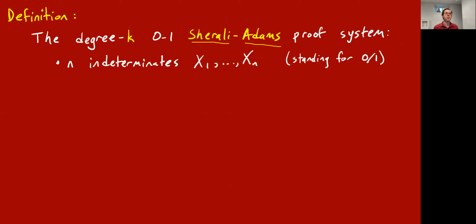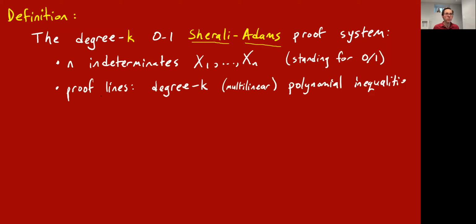And okay, how does this proof system work? Well, you always have n indeterminates as an ingredient in your proof system, and they're supposed to stand for 0-1 variables. And your proof lines are going to be degree k polynomial inequalities, given your parameter k. And maybe they should be multilinear, meaning you don't have squares or cubes or anything, just monomials without squares and cubes and so forth.